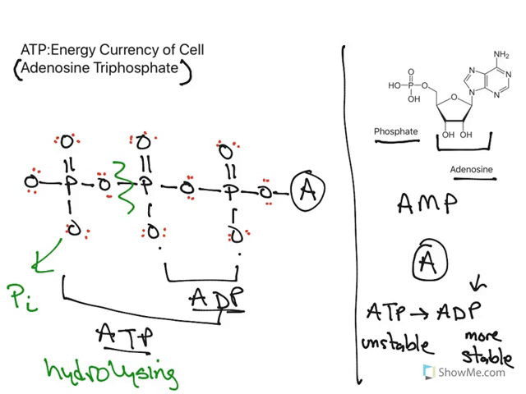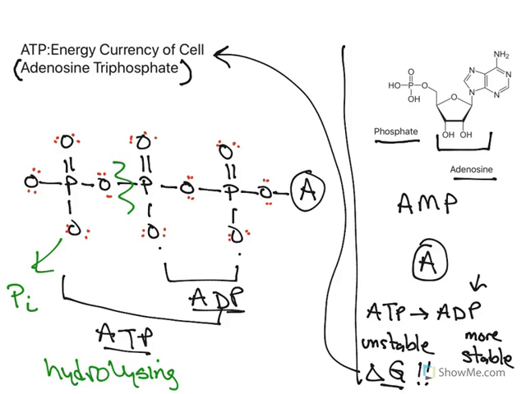So what happens when you go from something that's unstable to stable? You have the release of free energy, right? And so that's how cells are going to use ATP as a currency of energy, because it's going to hydrolyze that third phosphate group. It's going to get free energy in that process, and it's going to use that free energy.